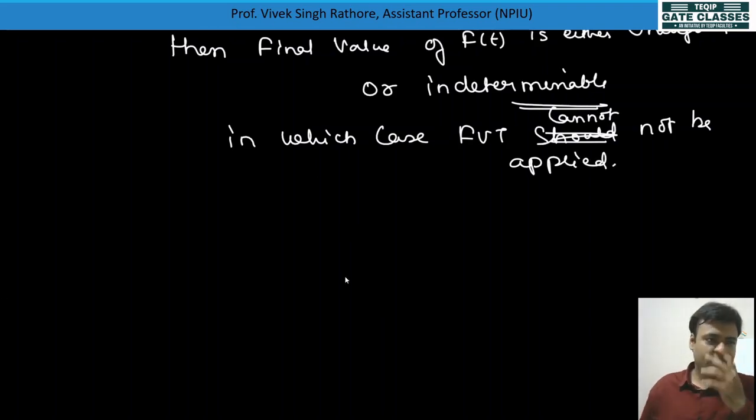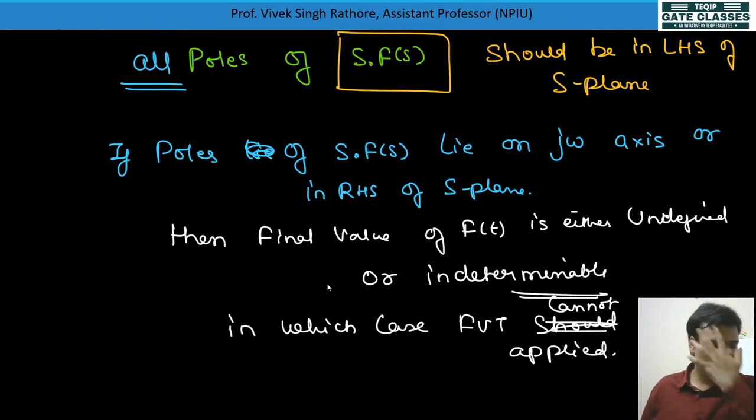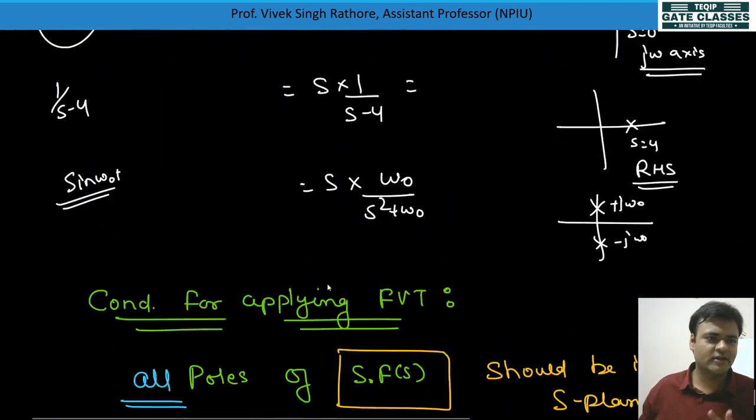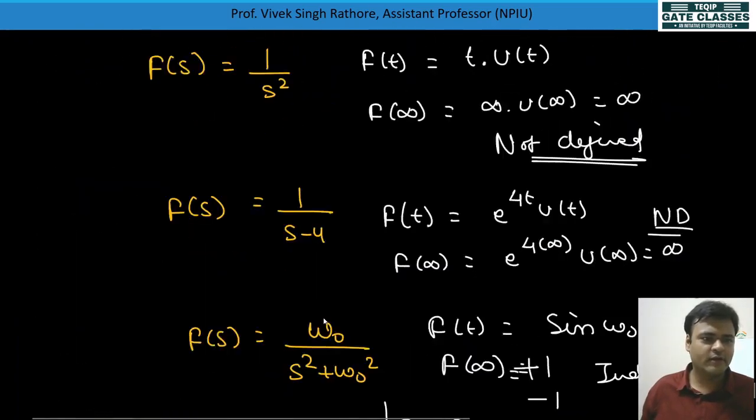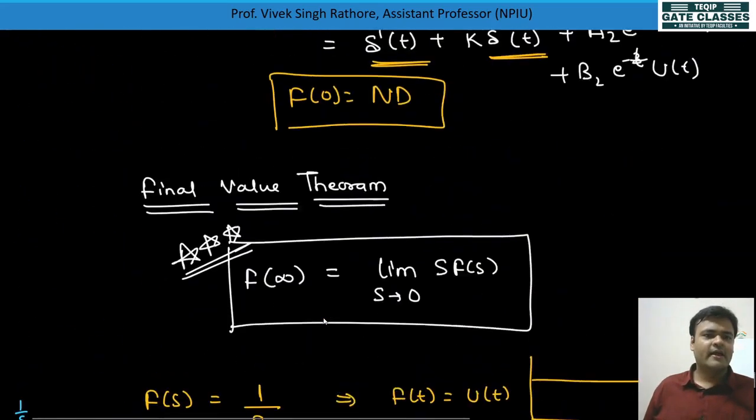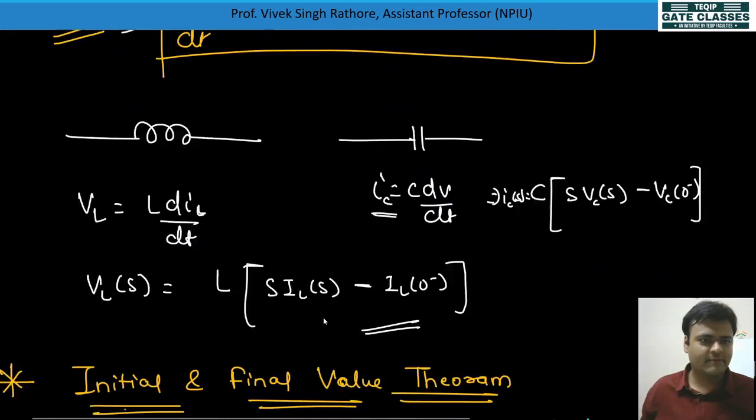So this is the final value theorem, and this leads to the end of Laplace transform. This was the final thing which I needed to tell you from Laplace transform, and this brings closure to Laplace transform.